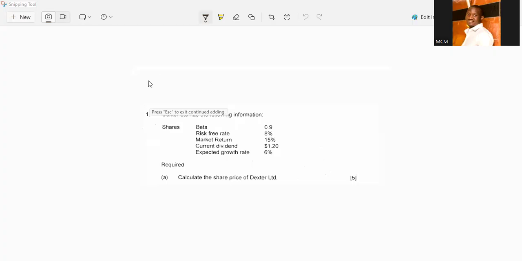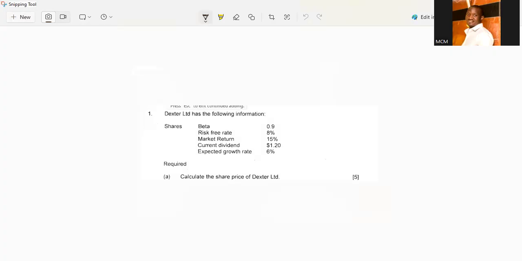We've been given the beta, the risk-free rate, the market return, the current dividend, and our growth rate. So let's calculate the price of share using Gordon's and using the CAPM model.